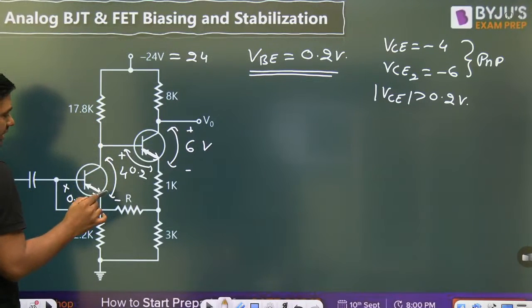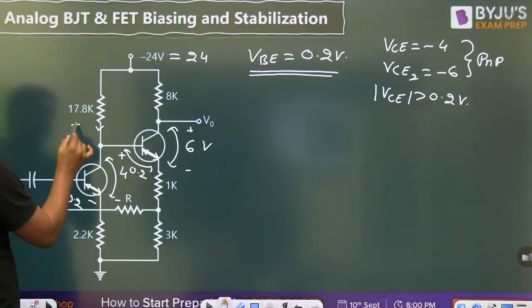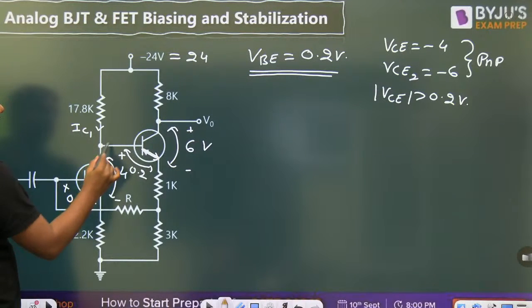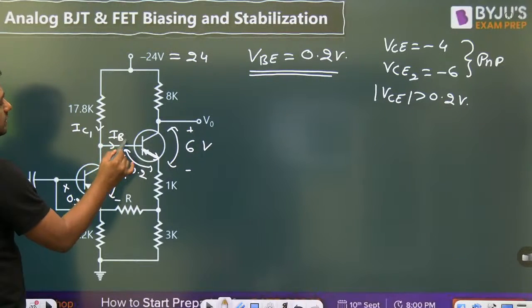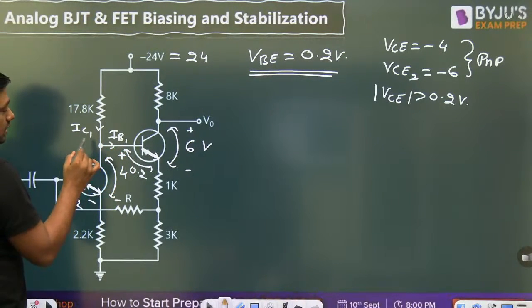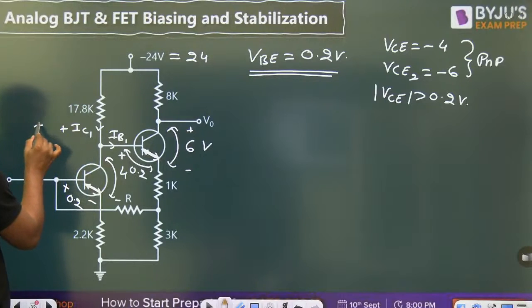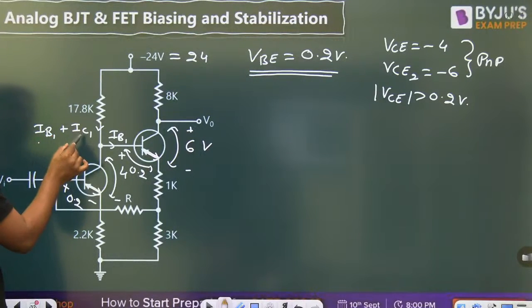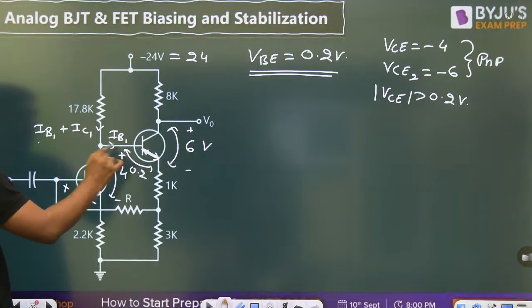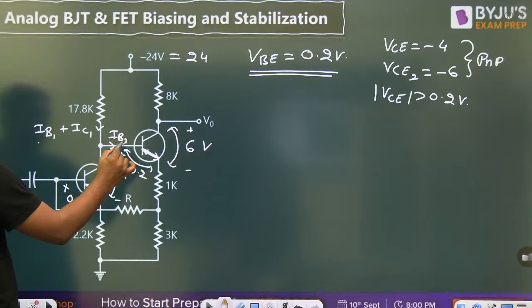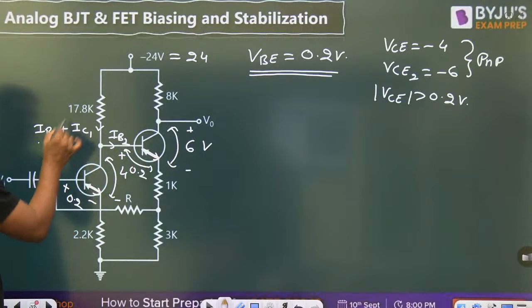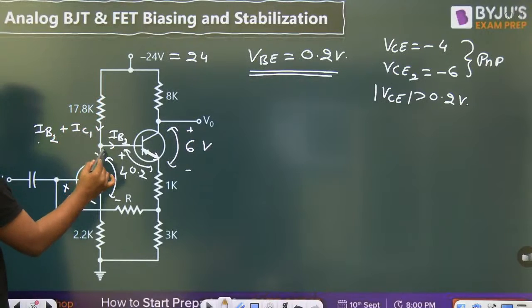Now remember that this current is IC1. This current is IB1. Why am I neglecting IB1? Always remember beta is very large, so you can neglect this current. IB1 plus IC1. Entering current is, sorry, this is IB2. This is IC1.